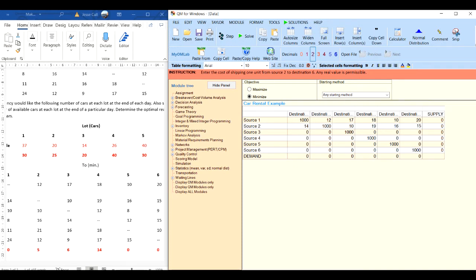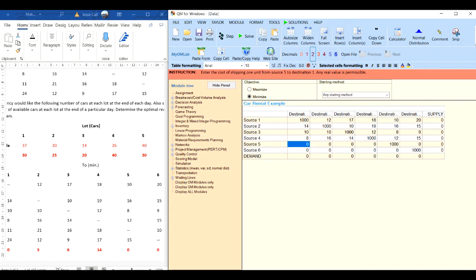Repeating again, and this is repetitive, but there's nothing we can do. 10, 10, 12, 8, 9. Please bear with me. Number 4, 8, 16, 14, 12, 15. Almost there.